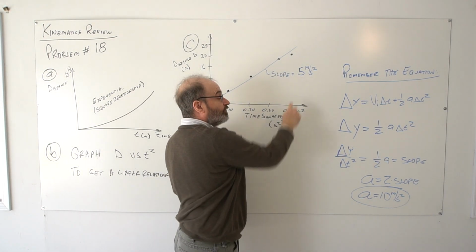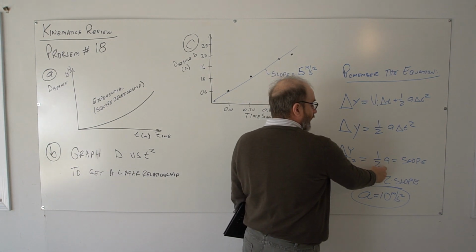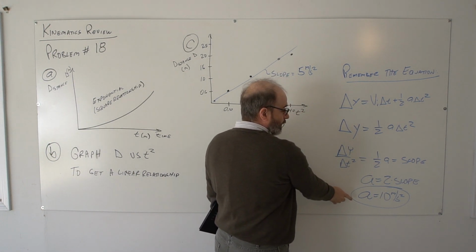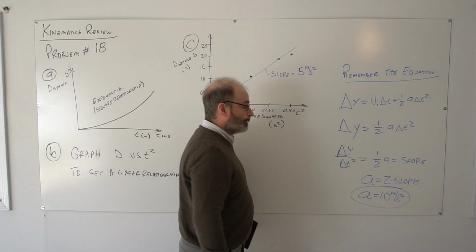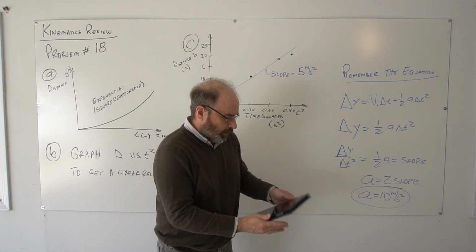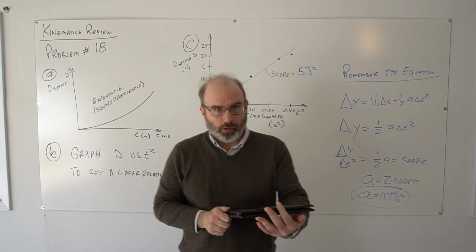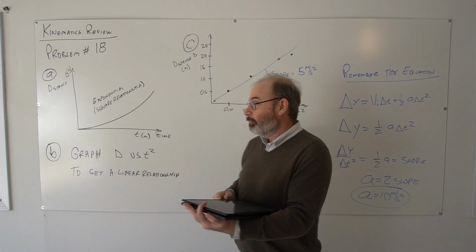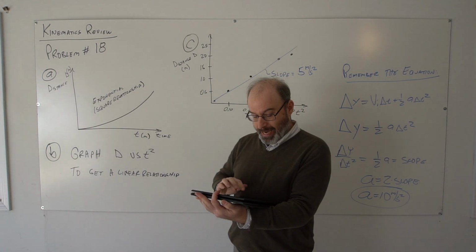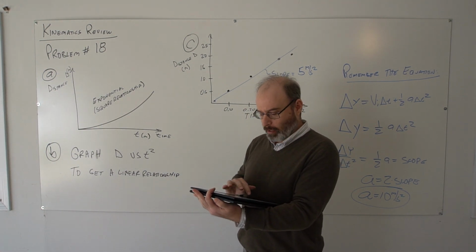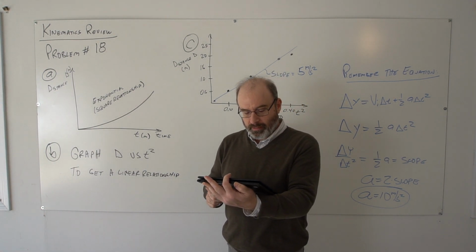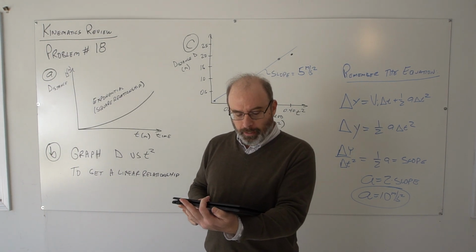Our slope is 5, so one half a equals 5, and a equals 10 meters per second squared. It's a crude graph, but very close. We expect 9.8, but based on the accuracy of the graph, we got 1 digit, so 10 meters per second squared, pretty close.